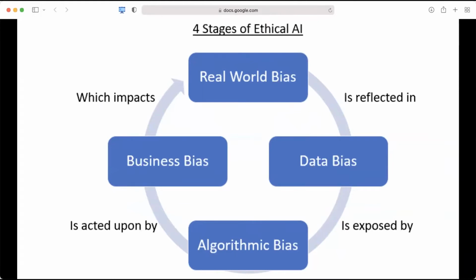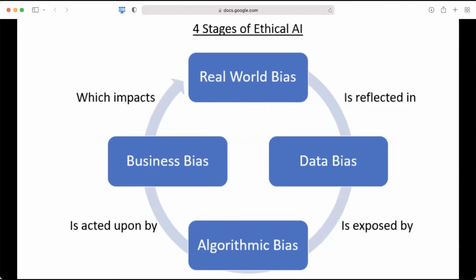That bias is then exposed by the algorithm that you do create, and is then acted upon by the different output. It might be a business, it might be a health-related algorithm, it might be anything, predictive medicine. So all those biases then get incorporated at that stage and then translated back to the real world setting.